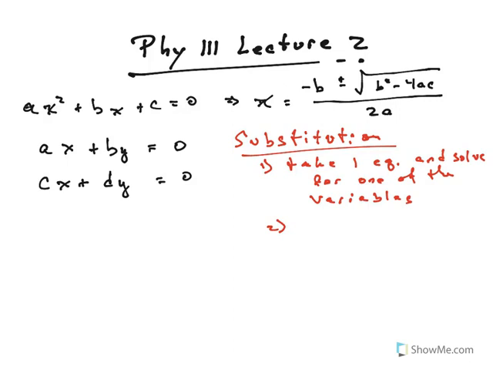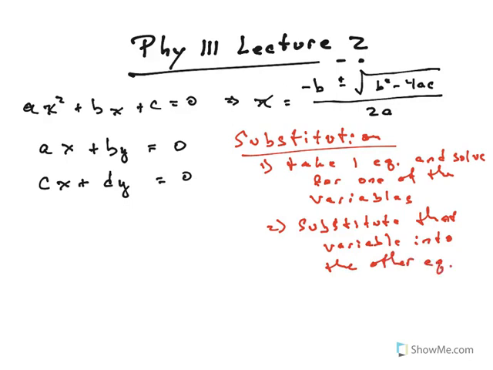That'll give you x equals blah, blah, blah with a y in it. Second step is substitute that variable into the other equation. What's going to happen when you do this is you'll be left with an equation that's longer and more complicated looking, but it's all one variable in it.